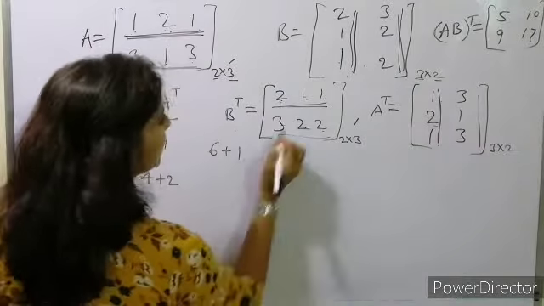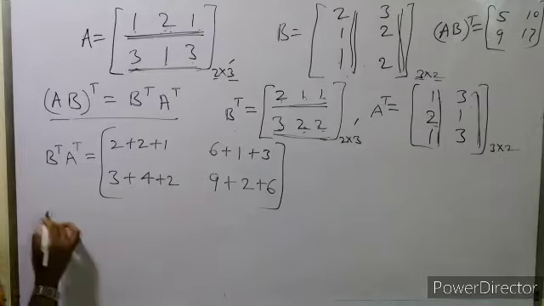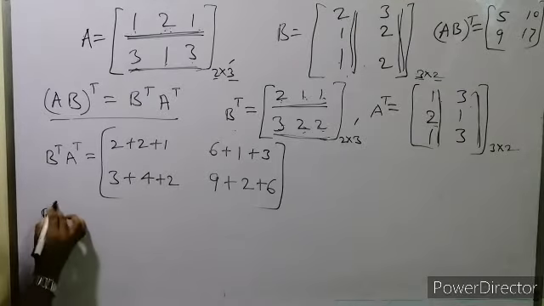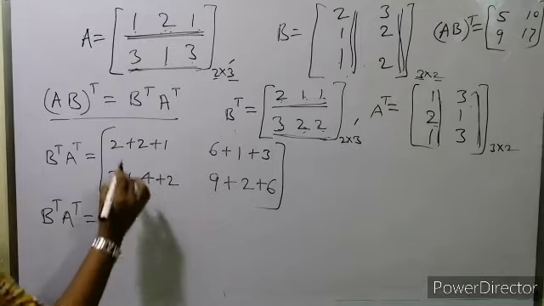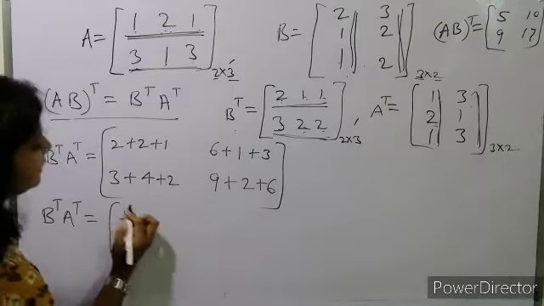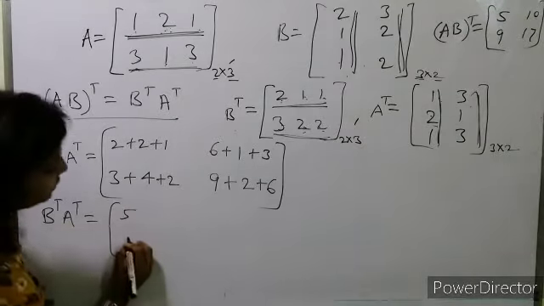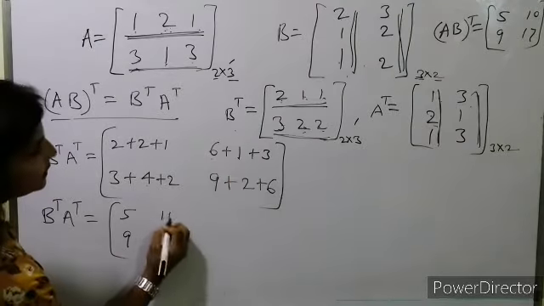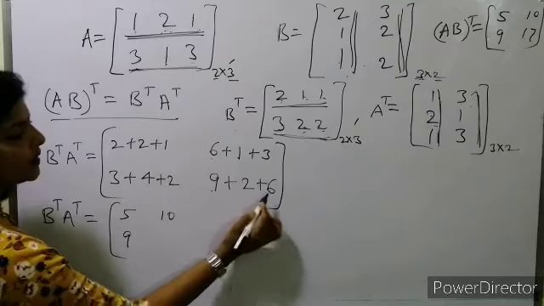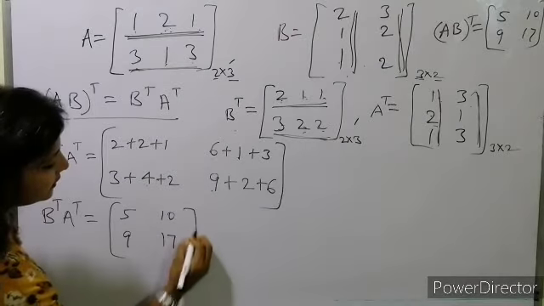Second row second column: 3 into 3 is 9, 2 into 1 is 2, 2 into 3 is 6. Now the value will become B transpose A transpose: 2 plus 2 plus 1 is 5, 3 plus 4 is 7, 2 plus 9 is 6 plus 1 plus 3 is 10, 9 plus 2 plus 6 is 17.